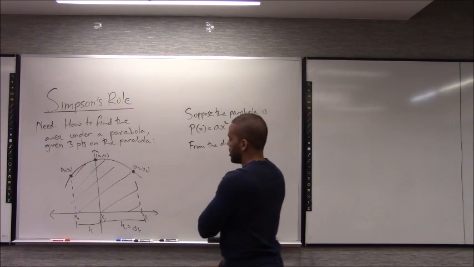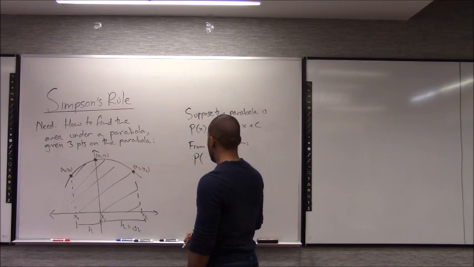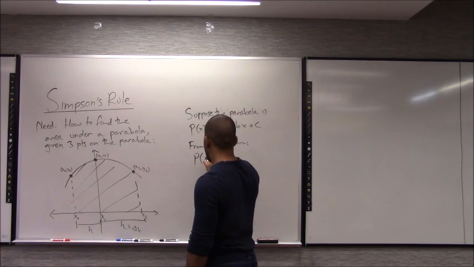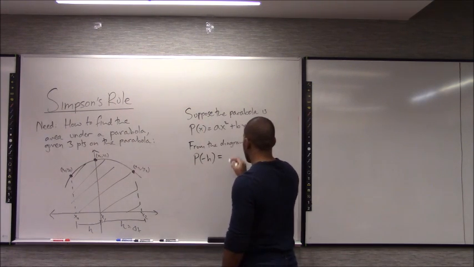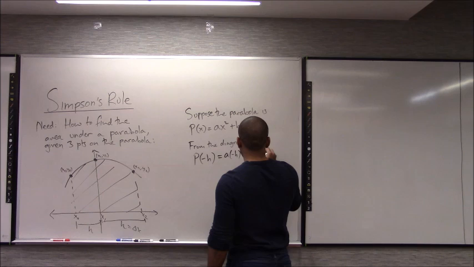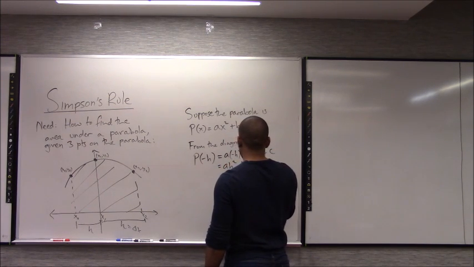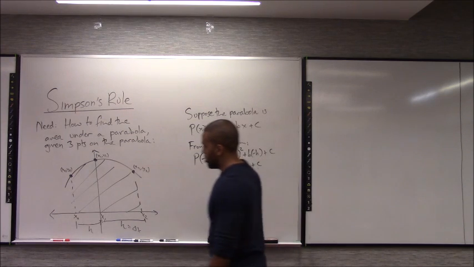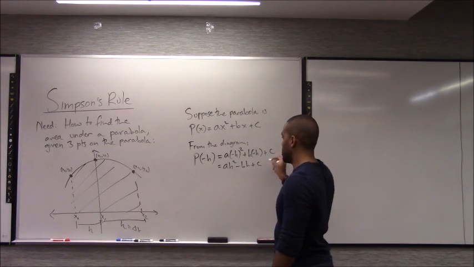One thing you can notice is that p of minus h is going to be, well, you plug minus h into x. You're going to get ah squared minus bh plus c, right? So that is just another way of writing y0, by the way.